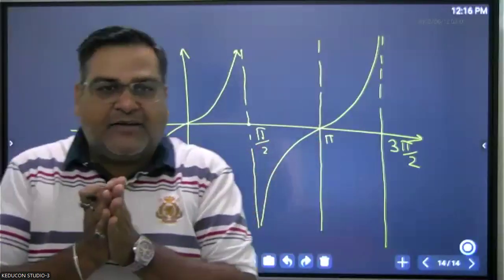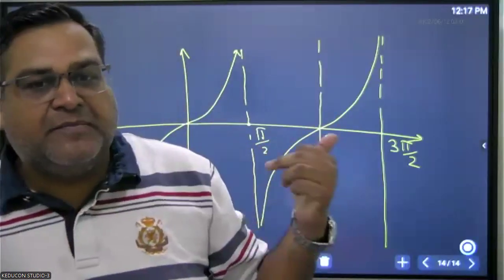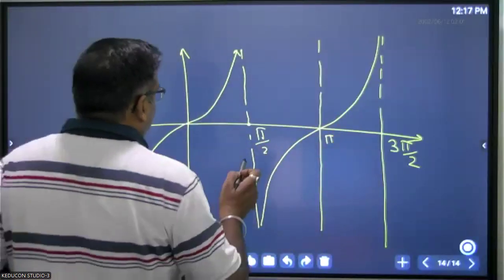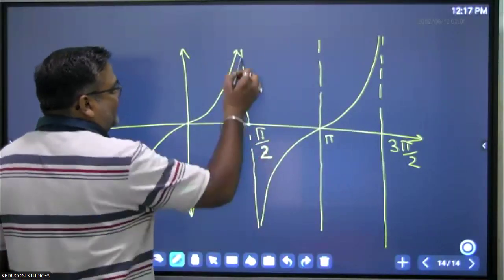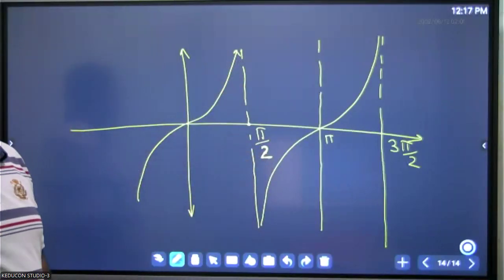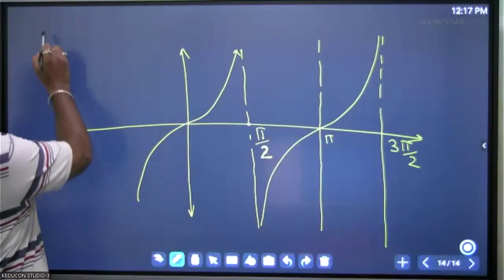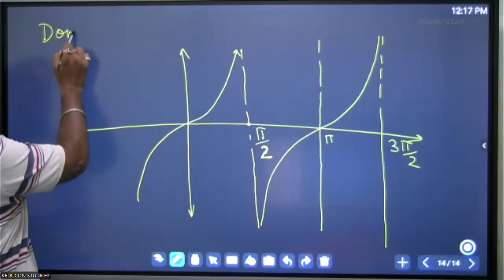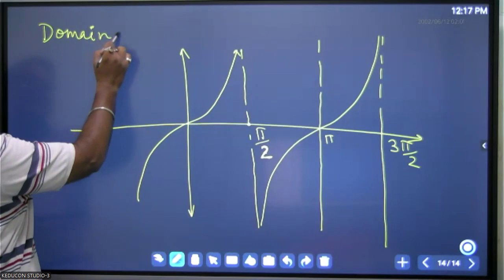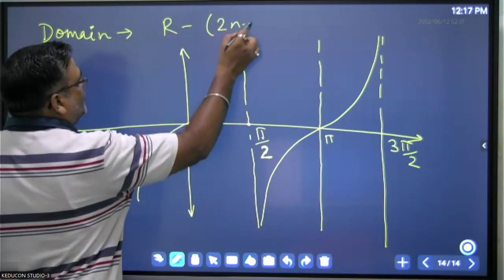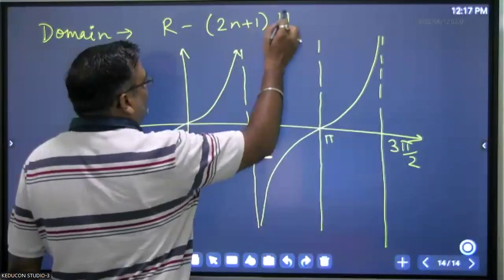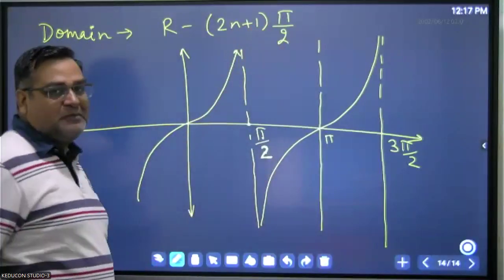But at the odd multiple of pi by 2, can you see this? At the odd multiple of pi by 2, this is not defined. So therefore its domain is R minus (2n plus 1) pi by 2. What is the meaning of 2n plus 1?